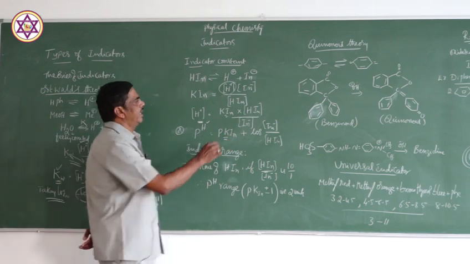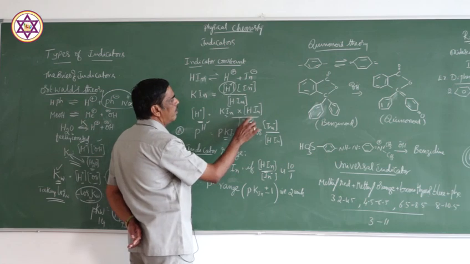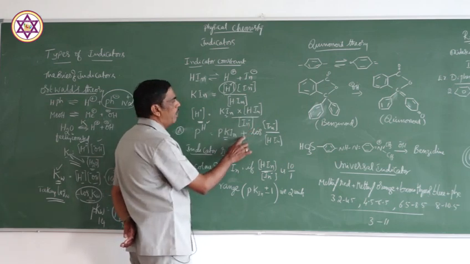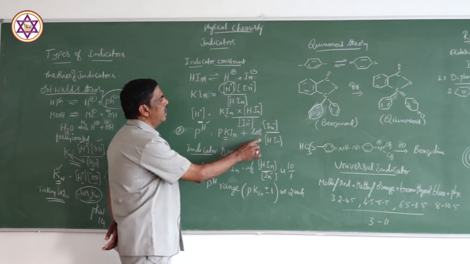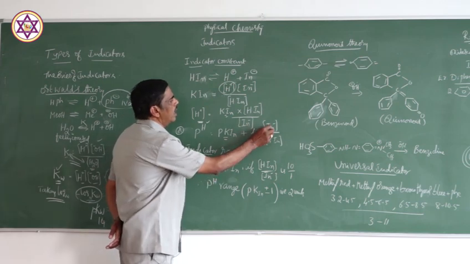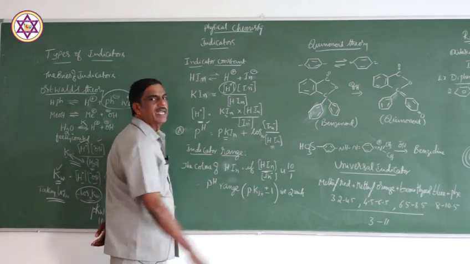If you take the negative logarithm of HIn by In and convert that into positive form, this goes upwards and this comes to the denominator. Therefore, this becomes the logarithm of indicator ion divided by unionized indicator.